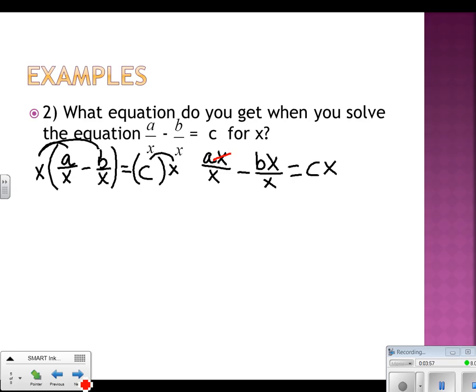X over x is 1. X over x is 1. So I'm left with a minus b equals cx. And so once again, we're solving for x. So we're going to get rid of the c by dividing both sides by c. So that is now getting the x isolated. So we can see here that x equals a minus b.